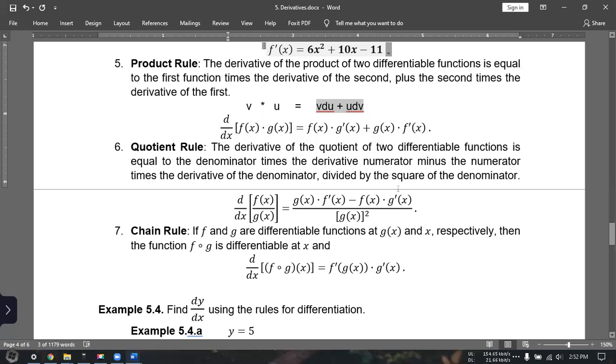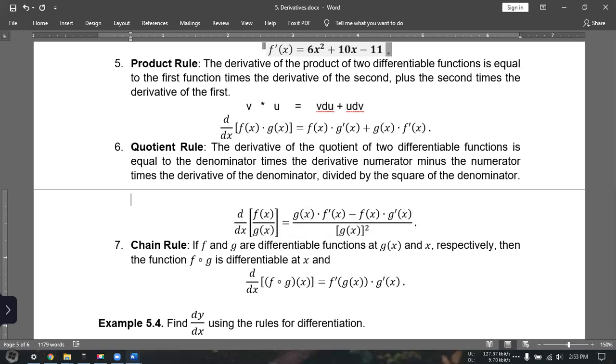In symbol, the derivative of the quotient of two functions f of x and g of x is equal to the denominator times the derivative of the numerator minus the numerator times the derivative of the denominator over the denominator squared. Again, let's use v and u to simplify this formula.